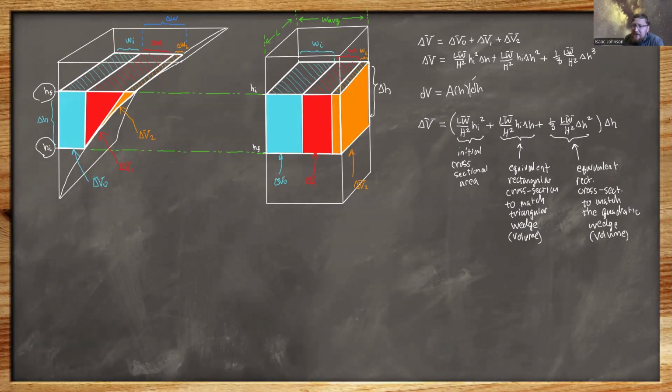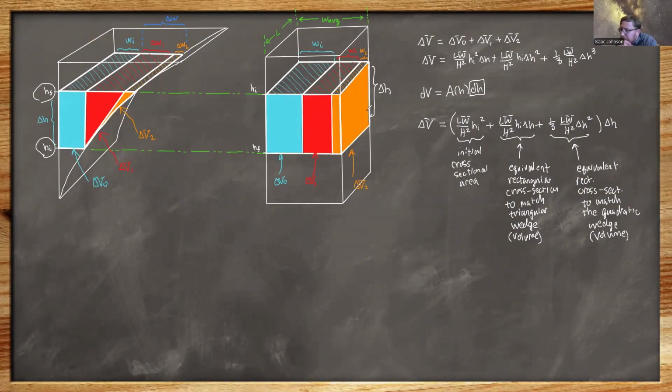I was just going to say, I saw the delta H out here, so I decided to pull a delta H from each of these. And then the things that remain must be the cross-sectional areas of the equivalent rectangular slices that I would use. Go ahead.